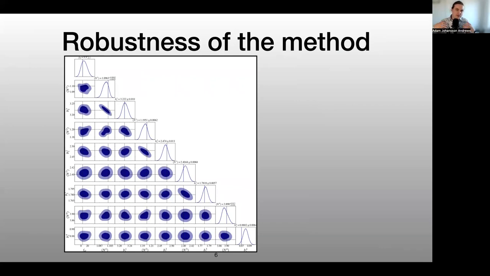But what this demonstrates is the robustness of our method. We're able to handle unknown linear bias effects, and other bias effects from the galaxy bias relationship, together with survey effects such as the window selection function or other contaminations which could exist in the data.